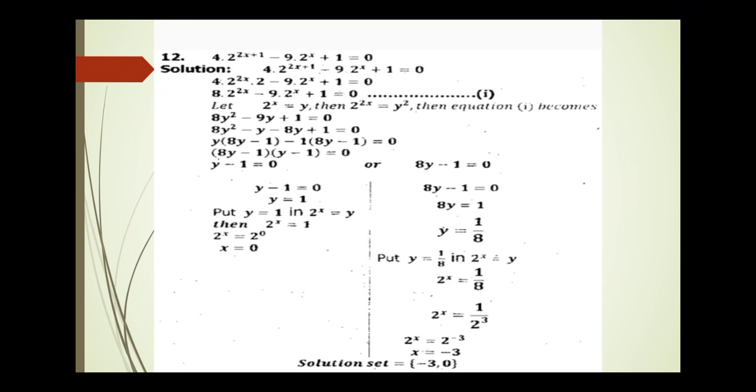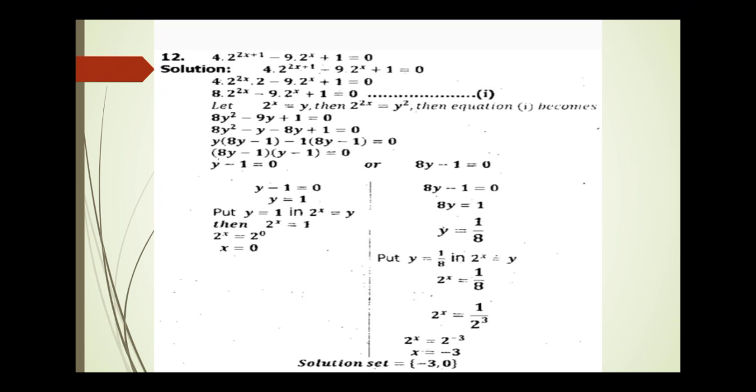Here in question number 12, you can see the values are in exponents but in another form, like 2 raised to power 2x plus 1. What you are going to do here, you will split it first: 2 raised to power 2x and 2 raised to power 1. Now 2 raised to power 1 is 2, and 2 raised to power 2x becomes an exponent.